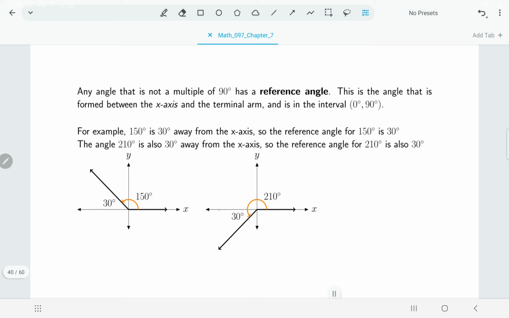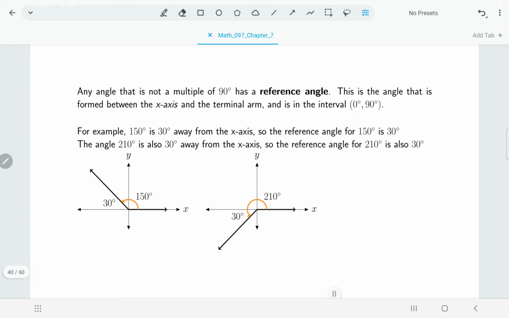It's 180 degrees to get to the negative x-axis and another 30 degrees to get to 210. So the reference angle for 210 degrees is also 30. We're never going to have a negative reference angle. You're also never going to have a reference angle bigger than 90 because you're always going to be 90 degrees or less away from the x-axis.